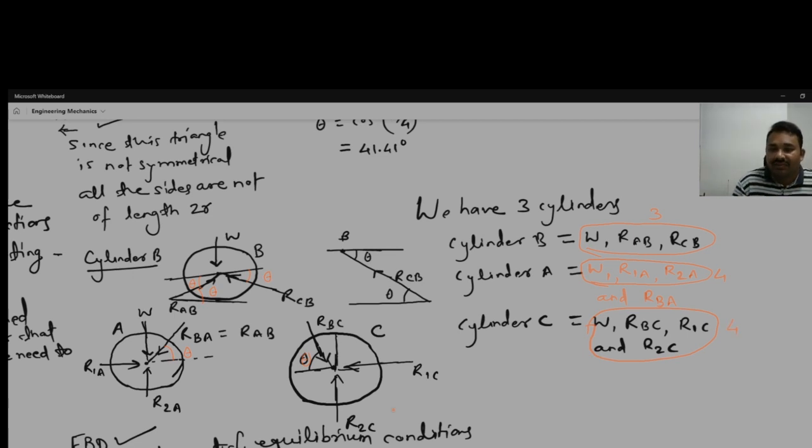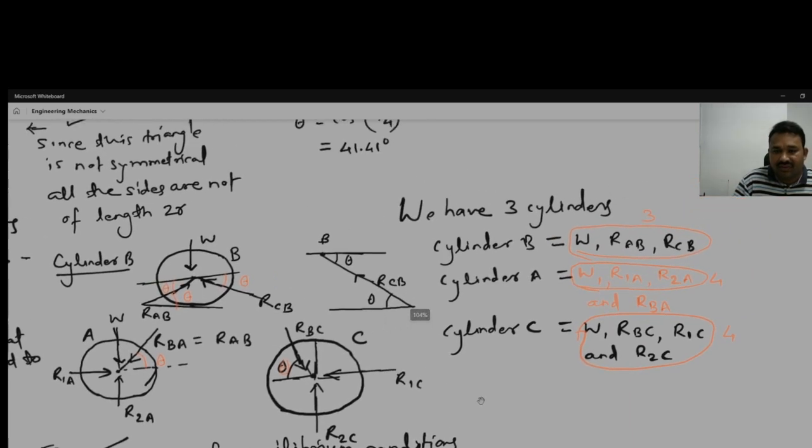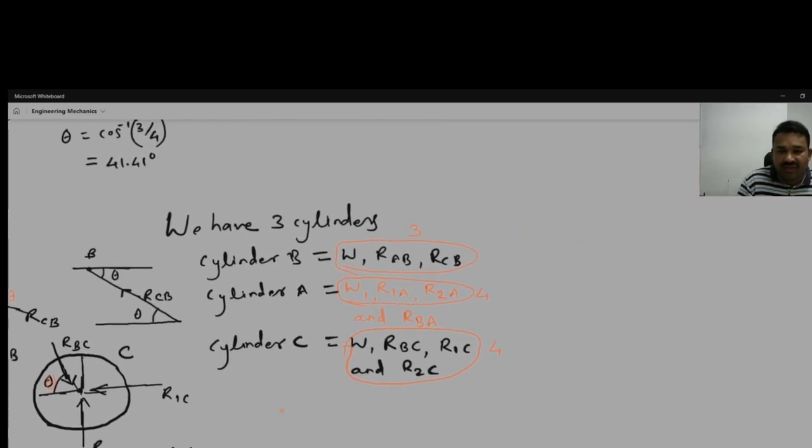So can we apply here Lami's theorem? And here also, can we apply?